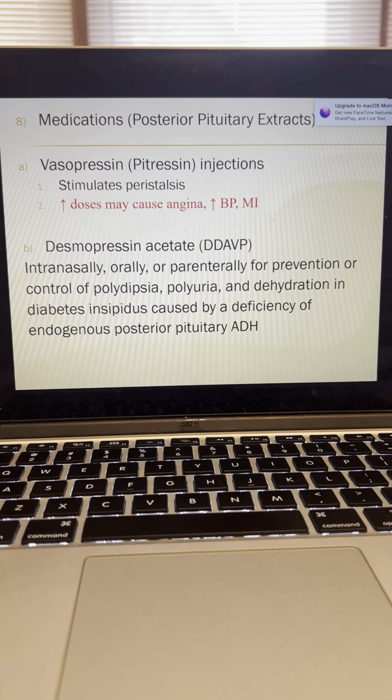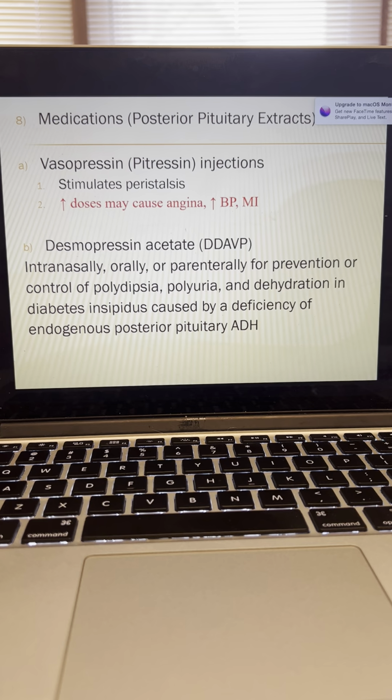But if you have a bedwetter, you can give this intranasally, or there are small pills that they can take if they're old enough to take a pill, and it will shut down production so that they don't wet the bed at night. You may see those in some parenting magazines. They can also take desmopressin acetate for diabetes insipidus.